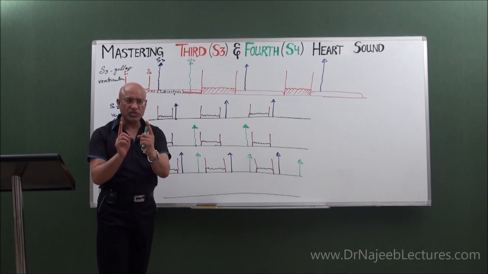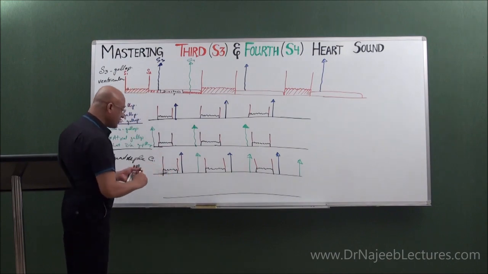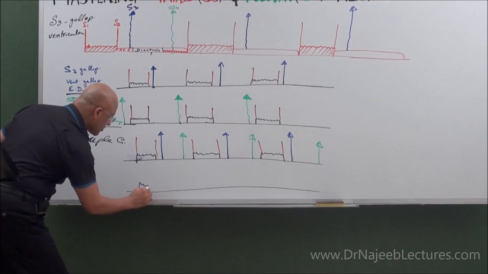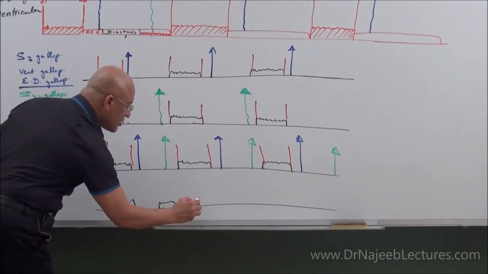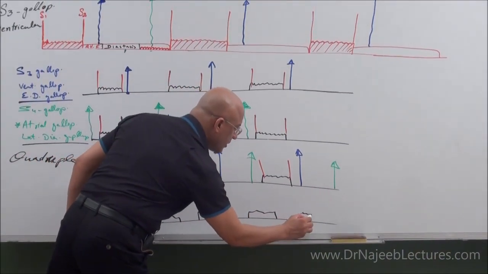Systole duration reduces slightly, but diastole shrinks too much. Right? So what happens? If there is tachycardia, it means one ventricular systole, then another systole comes very rapidly, and then another systole comes, and so forth.